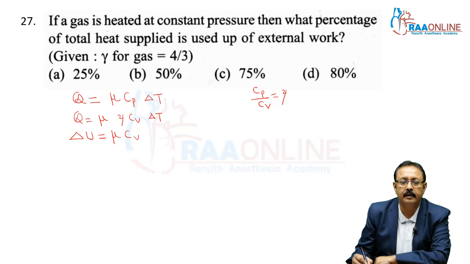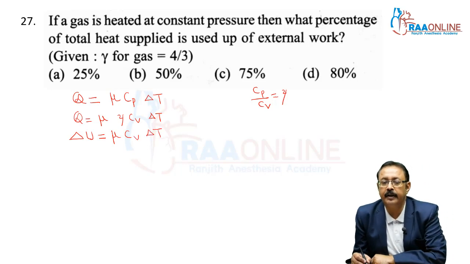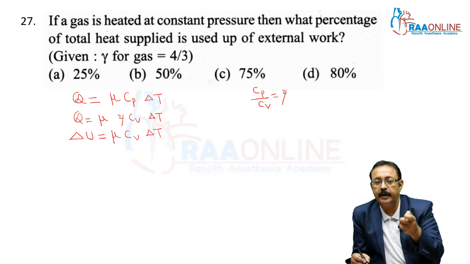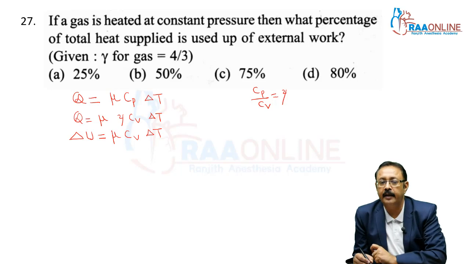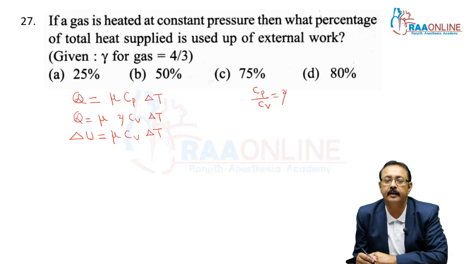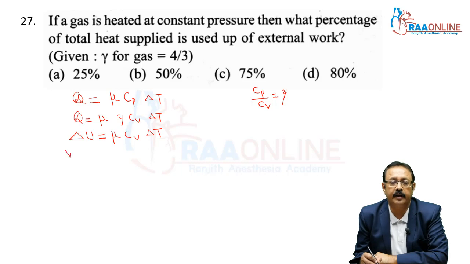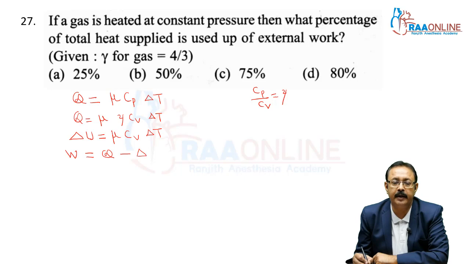If we want to increase the temperature by the same delta T, the energy used to increase internal energy should be mu Cv delta T. So we can calculate work done. By the first law of thermodynamics, work done is the energy you supplied minus what is spent in increasing the internal energy.